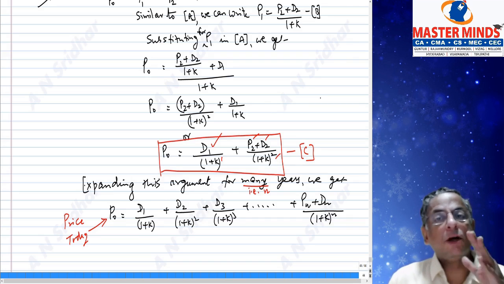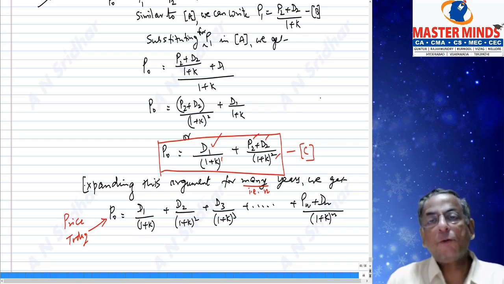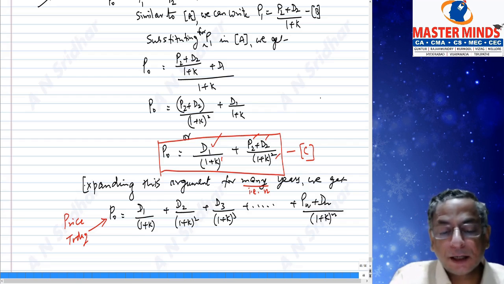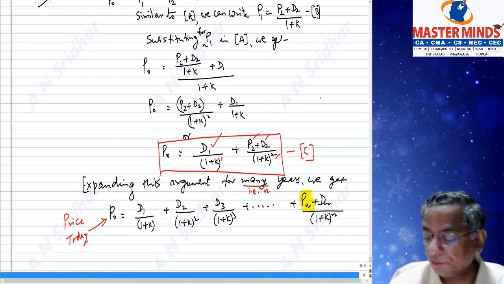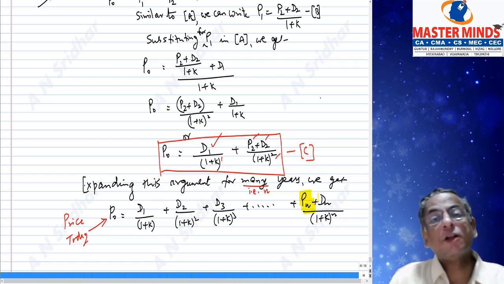I want to be a partial owner of the company. I want to be a shareholder. I want to own the shares forever. Then my Pn is irrelevant because I am going to hold the shares forever. So where is the question of selling and getting that price, Pn?